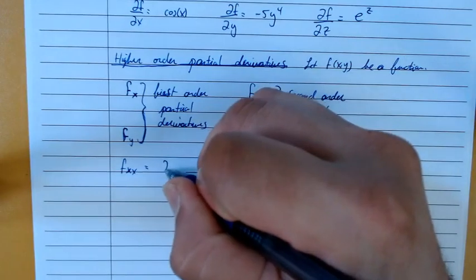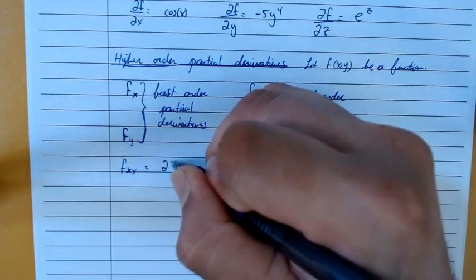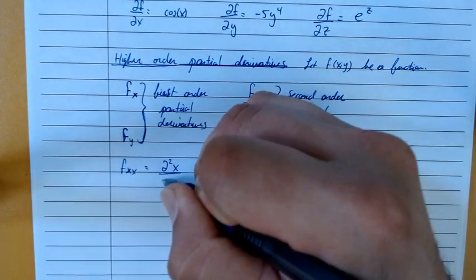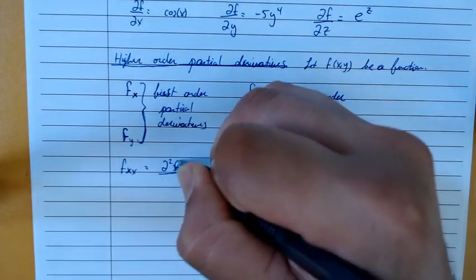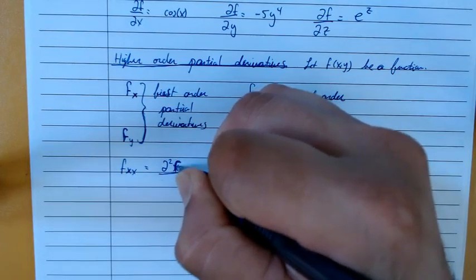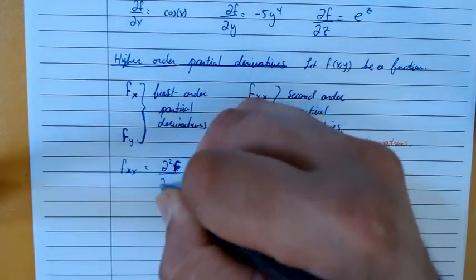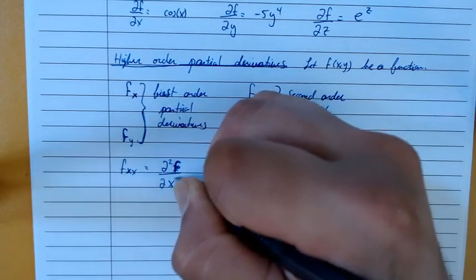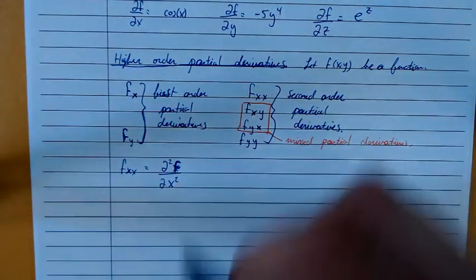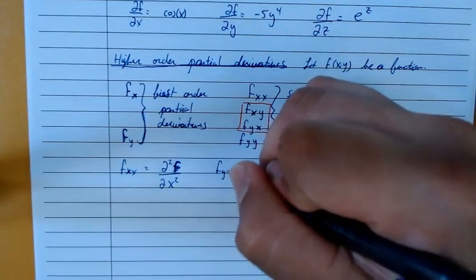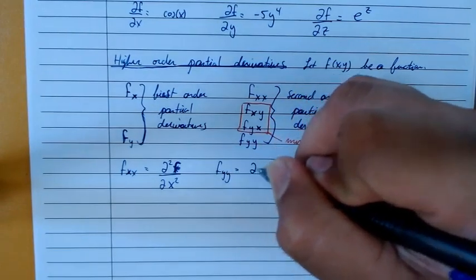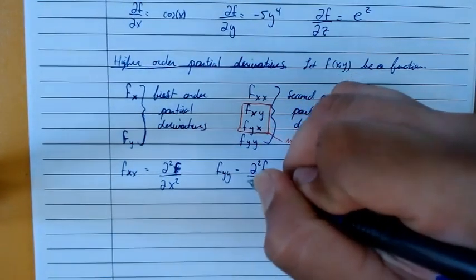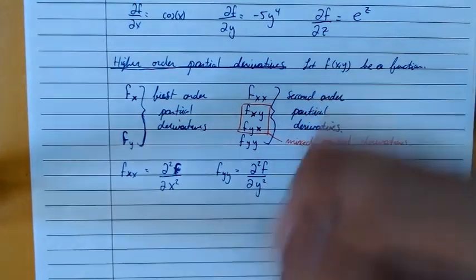So here we can write this as del squared f over del x squared. If you want to write f sub yy, that would be del squared f over del y squared.